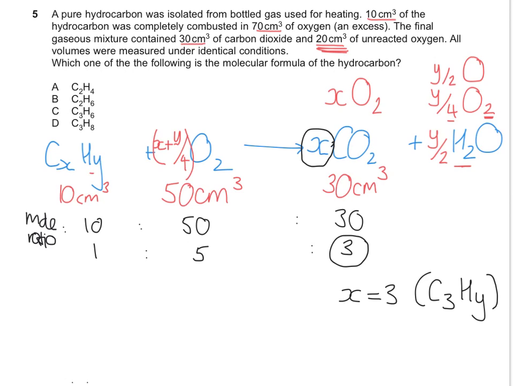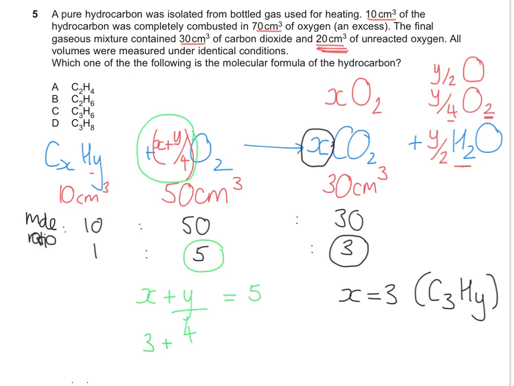So we can see here, we'll do this in a different colour, that 5 will be the balancing number of oxygen. So that means that x plus y over 4 is equal to 5. Now I know what x is. We worked out that x was equal to 3.